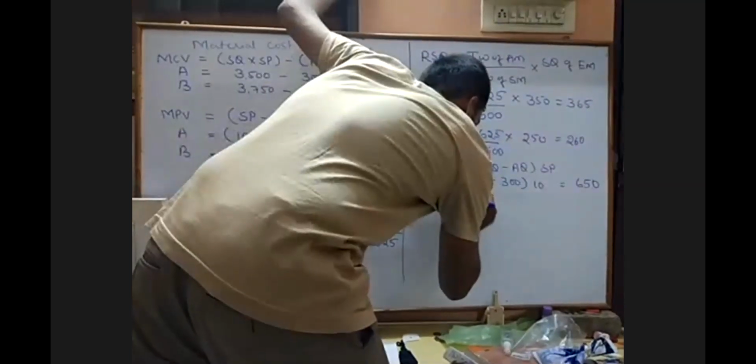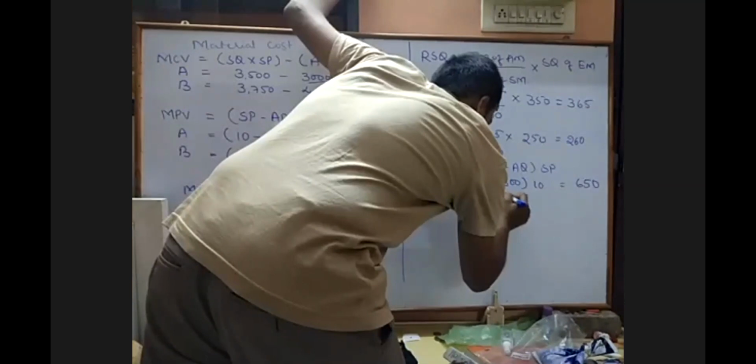Then next is B is equal to 260 minus 320, into 15.